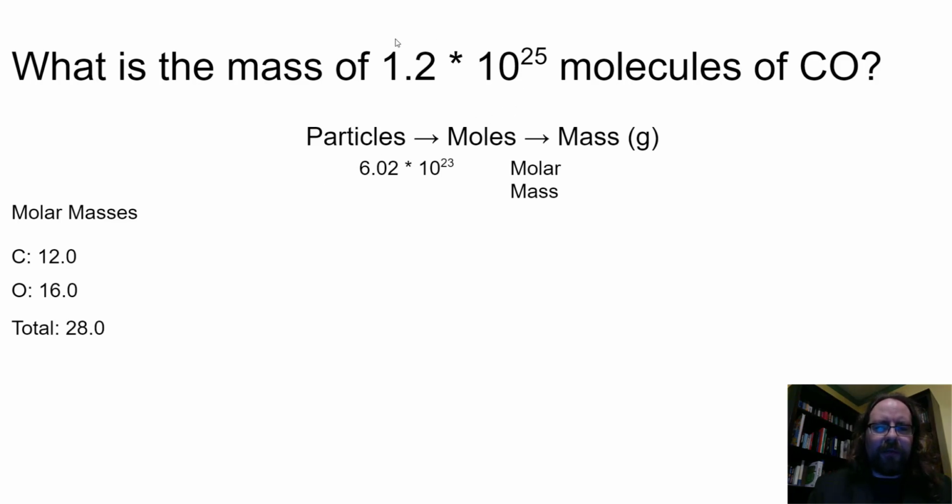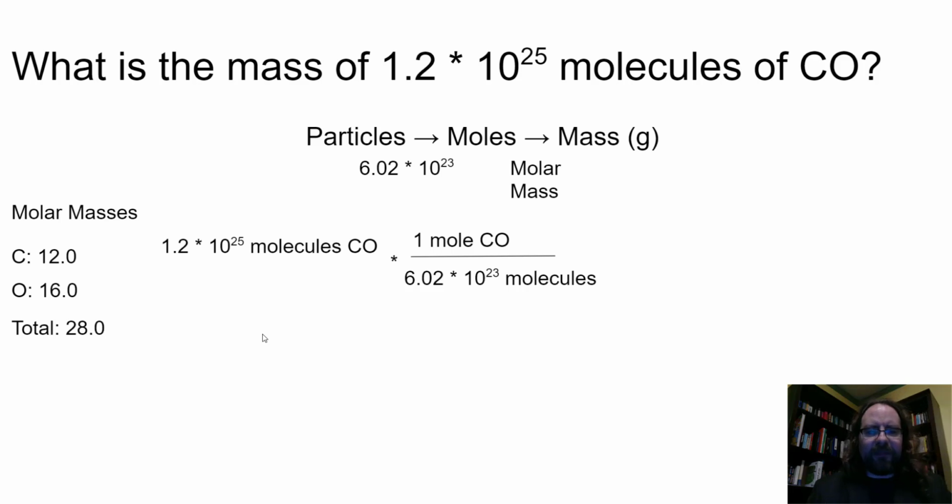So what are we starting with? We're starting with the 1.2 times 10 to the 25th molecules of carbon monoxide. So let's get that going here. And our first conversion is to go from particles to moles. So again, recall that since molecules are up top here, they're going to end up on the bottom in our conversion. So 1 mole of carbon monoxide is equal to 6.02 times 10 to the 23rd molecules.